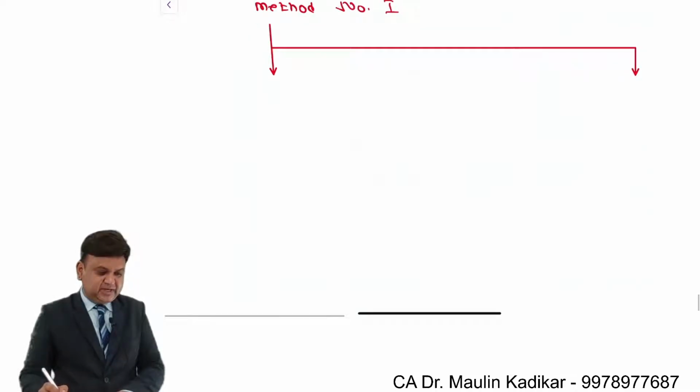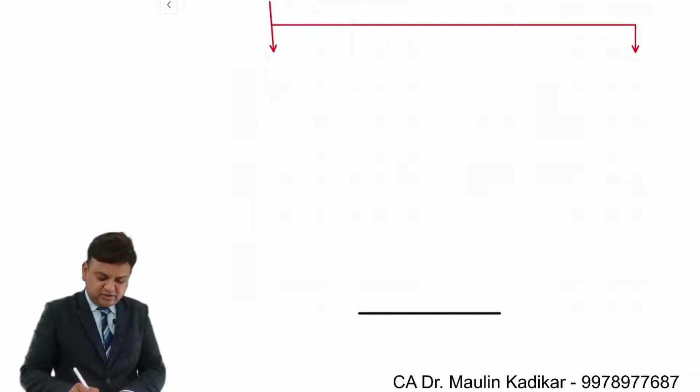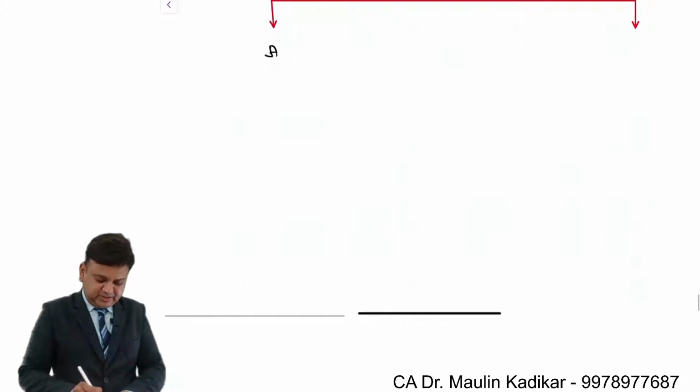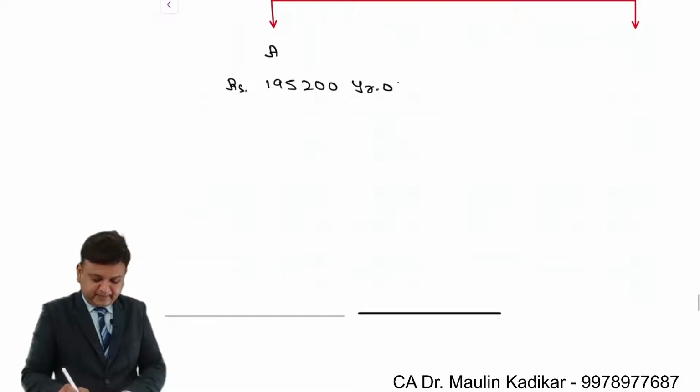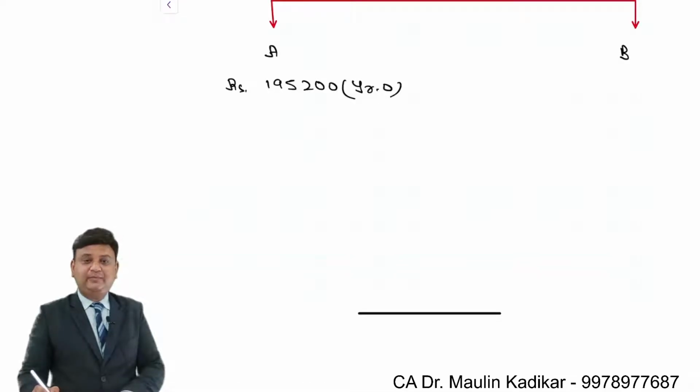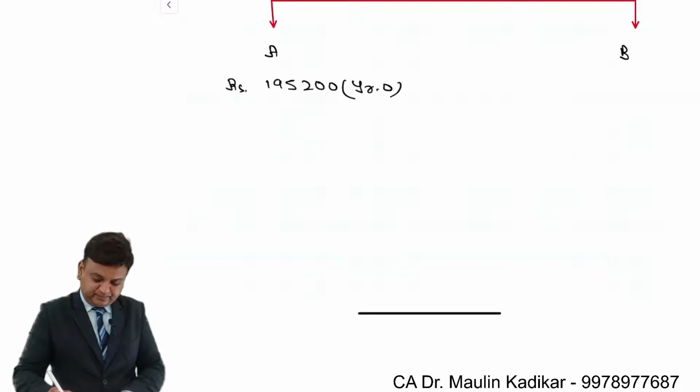As far as option A is concerned, in that option, you have to make one-time payment. How much? Rupees 1,95,200, that is in the year 0. And in option B, you have to make payment of rupees 90,000 per annum.